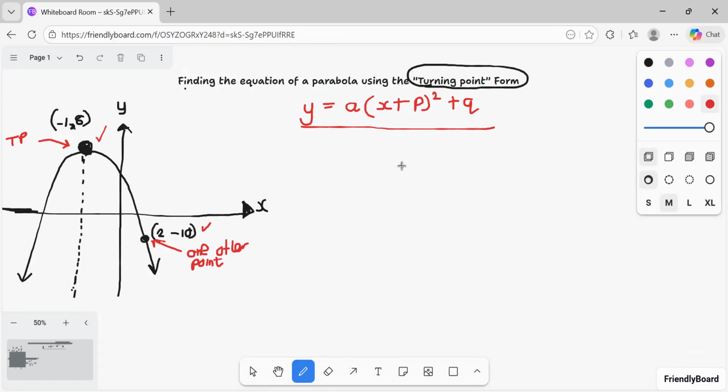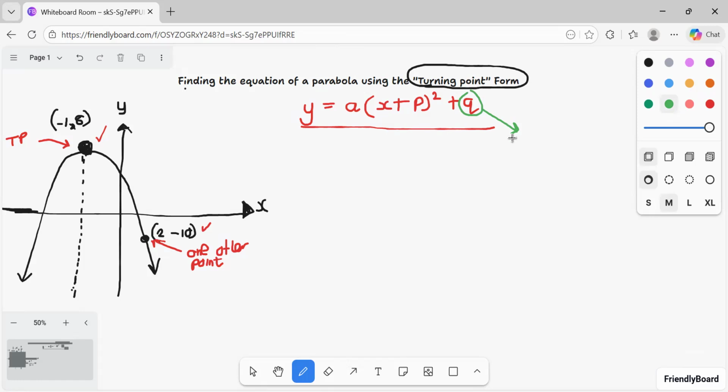So let me just explain a little bit about this turning point form. So this Q that you are seeing here, let me use a different color. This Q gives us the information about the Y value of the turning point.